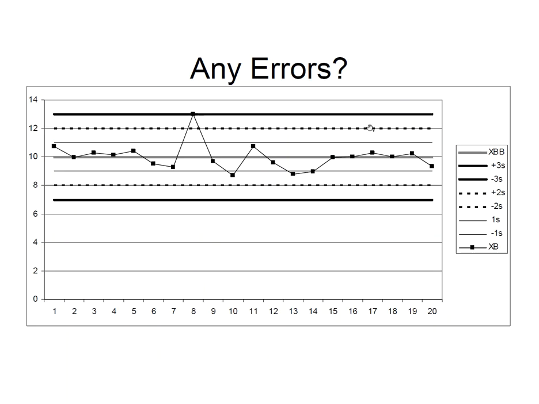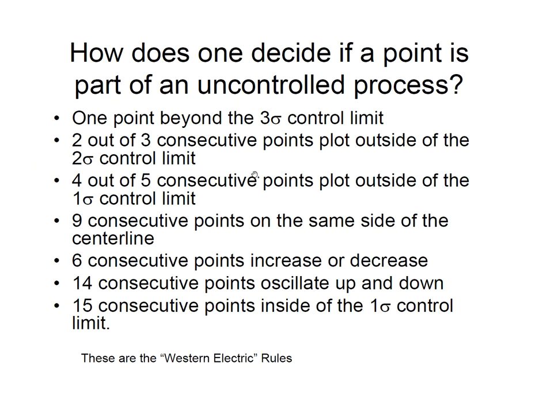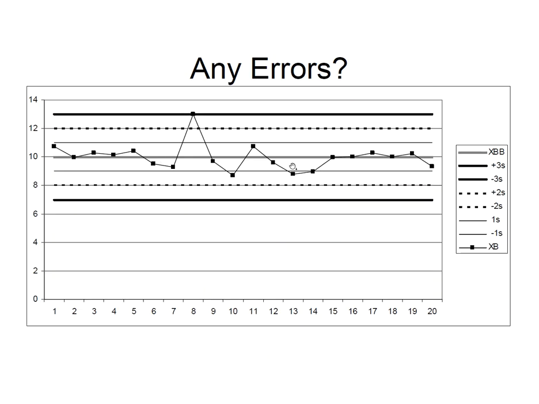2 out of 3 consecutive. So here's a 2 sigma control, and actually there's only 1 out of it, right? So that's not a problem. 4 out of 5 out of the 1, I think we already calculated, right? Or no, here's 1. Okay. Here's 1. And then inside 1.